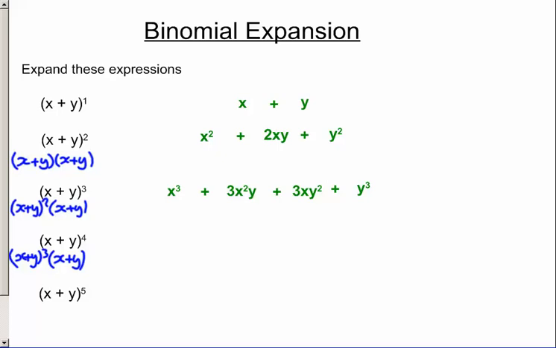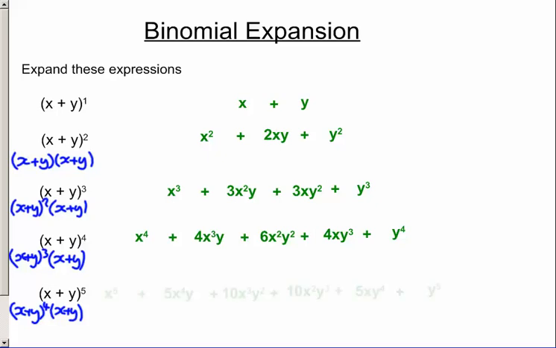So we multiply everything in the one above by x, multiply it all by y, and then simplify, and we get this expression. And finally, (x plus y) to the 5 is (x plus y) to the 4 times (x plus y), multiply everything in the one above by x, everything by y, and then simplify to get this expression.